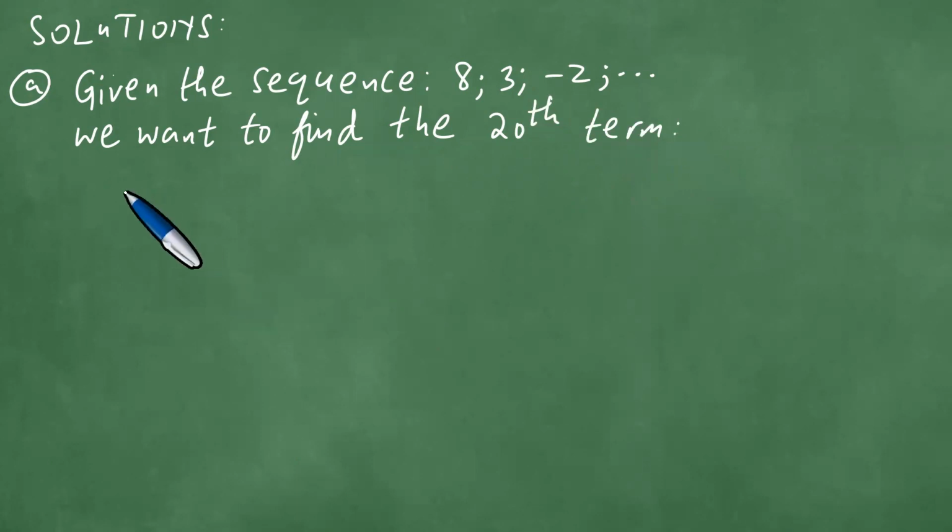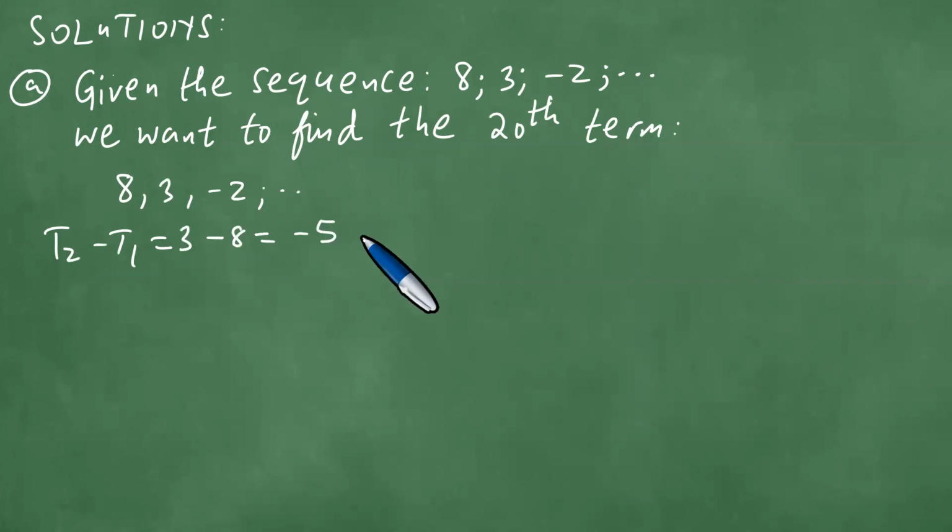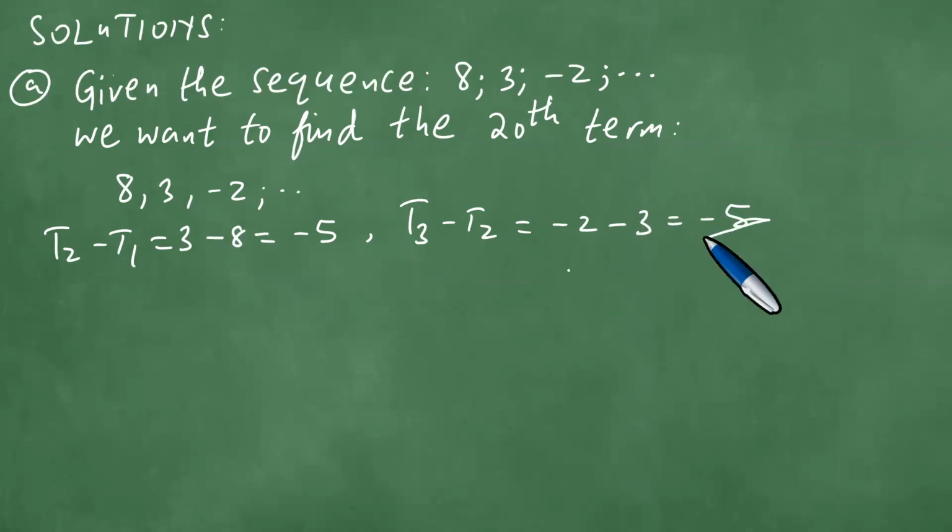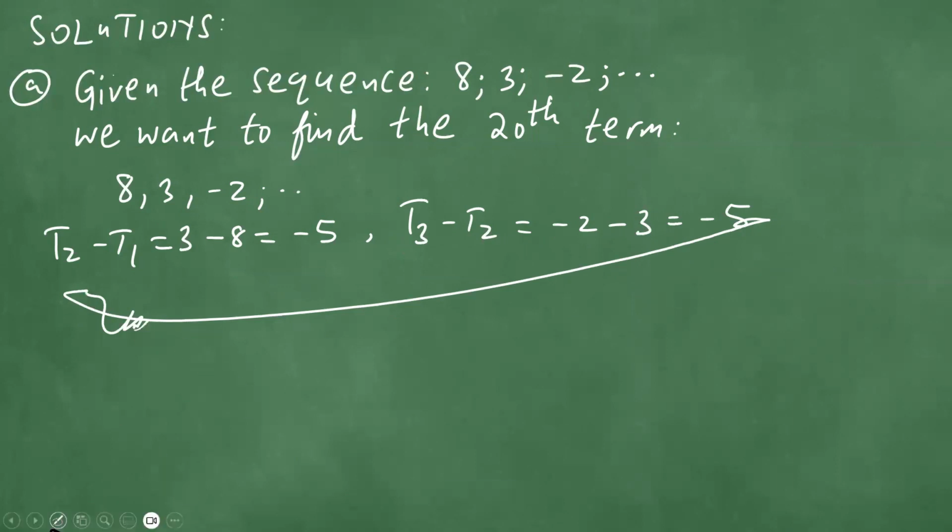How do we do this? We write 8, 3, minus 2, and so on, and then we write T2 minus T1. What is T2? It's 3 minus 8, which is minus 5. T3, term 3, is minus 2, minus term 2, which is 3, and the result is minus 5. Okay, so just note that.